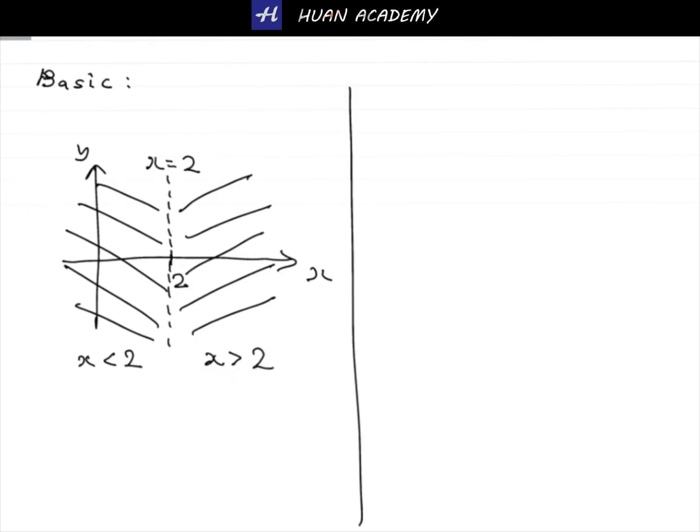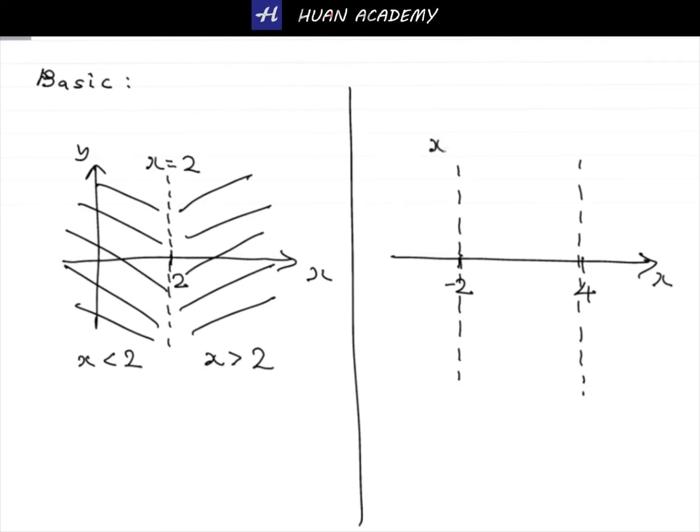And if there are 2 points, negative 2 and positive 4, and we draw 2 lines, x equals negative 2 and x equals 4, then these 2 lines will divide the whole region into 3 zones.